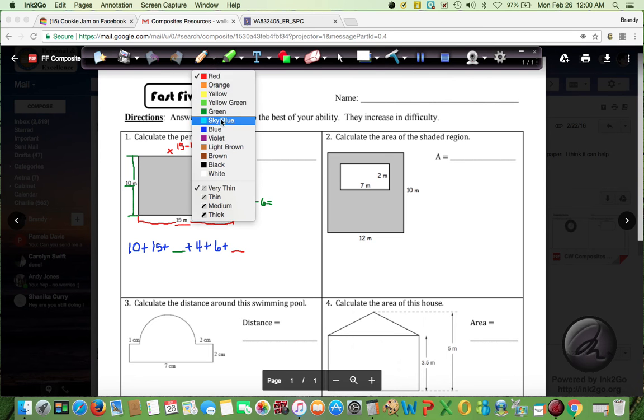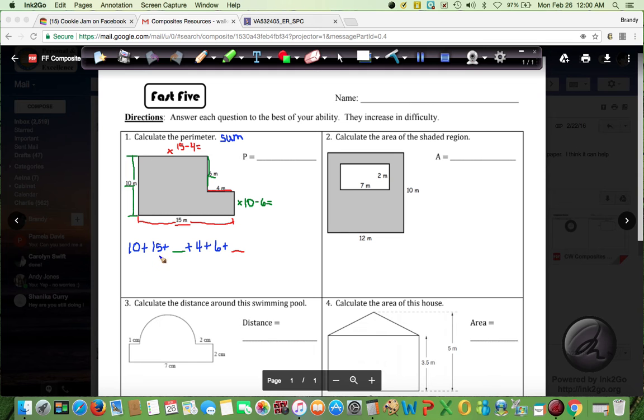So if you add up all those pieces, 10 plus 15 plus this answer, plus 4 plus 6 plus this answer, you should get your perimeter. Okay? So that's how you solve it. I have faith that you can do these couple small steps and then add everything together. You don't need me for that. If you need help, though, please raise your hand.